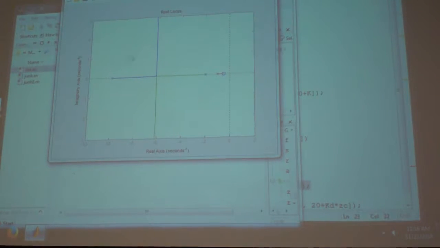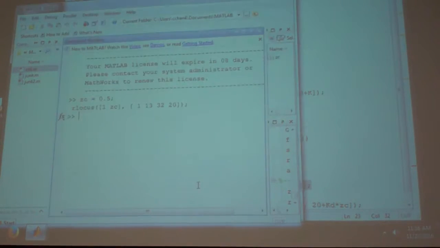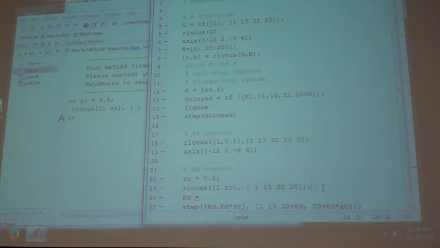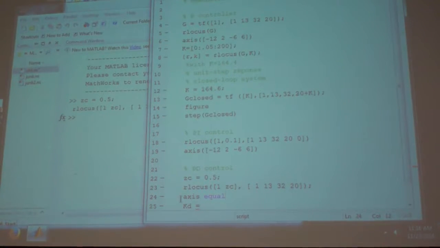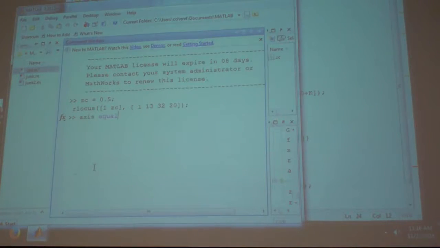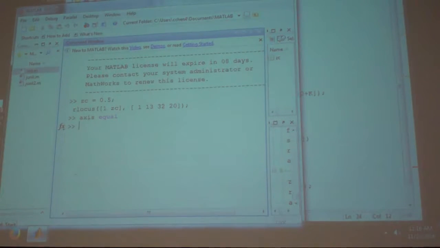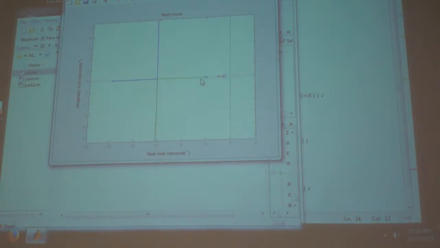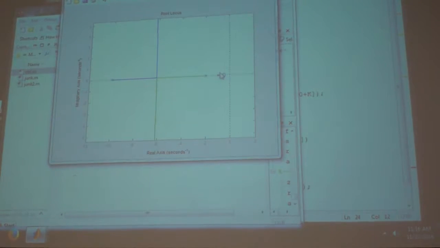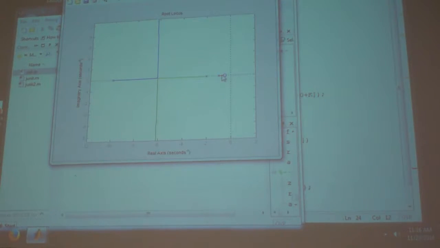Let me make sure of this. So that is this one. Unfortunately, the dominant pole will be here.